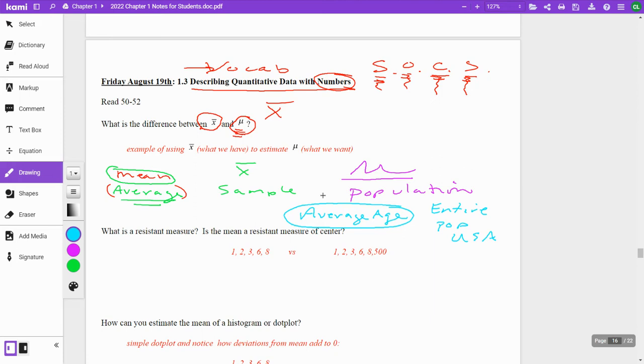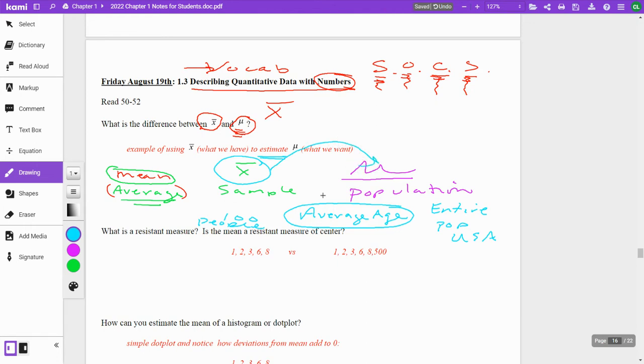But with a sample, I could take a sample of 100 people, two people from each state, so the sample size is 100. Then it's called an estimator. I use X bar in small samples to estimate the entire population.